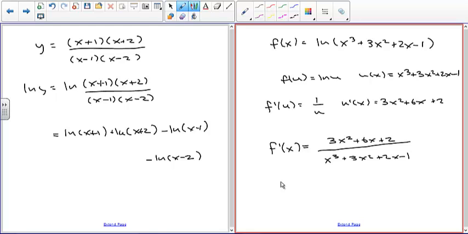We know the answer is the natural log of x cubed plus 3x squared plus 2x minus 1. The thing is, if you change this to a 1, then it doesn't work, right? If the derivative of this is not exactly equal to that, you can't use the natural logarithm to integrate it. So the question is, how would you take something that's not exactly matched up and make it match up?